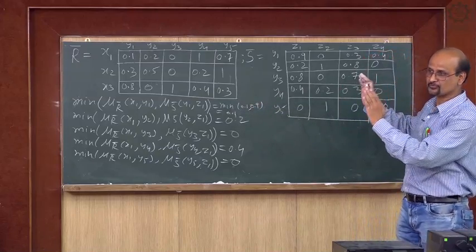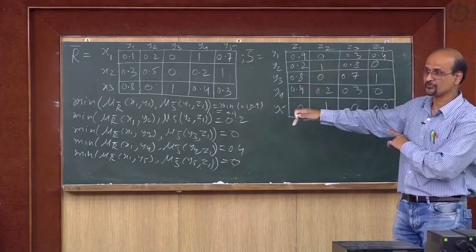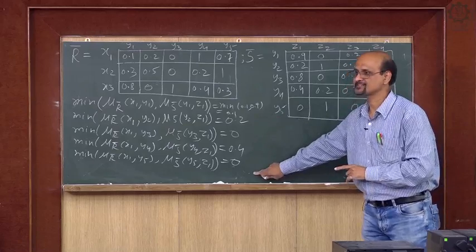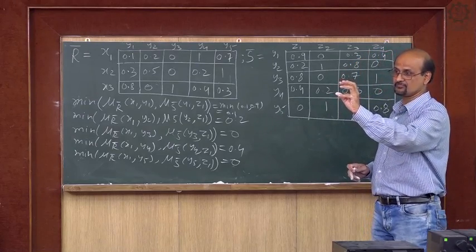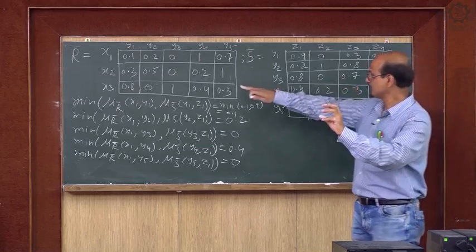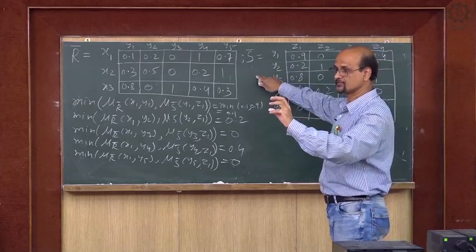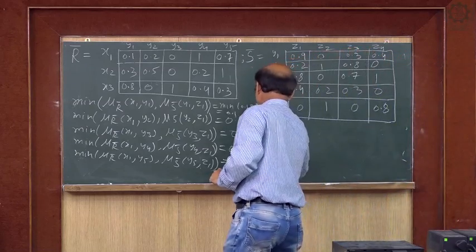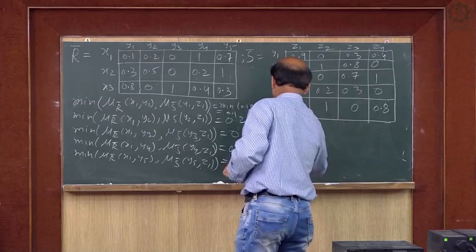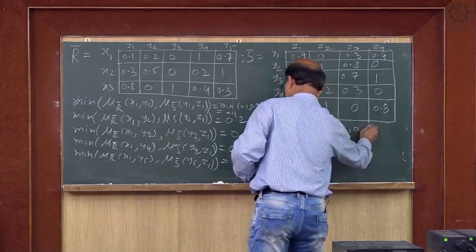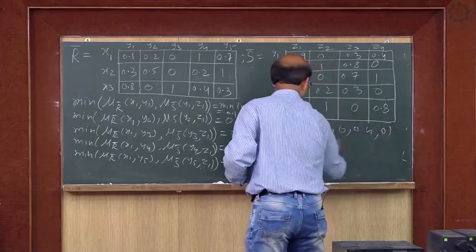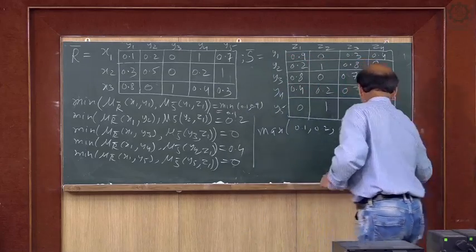Now you have done one portion, means the minimum you have found. Now I have to take maximum of this. Then you will get the first entry of that R dot S. So now I have to take maximum of 0.1, 0.2, 0, 0.4 and 0, and this is 0.4.